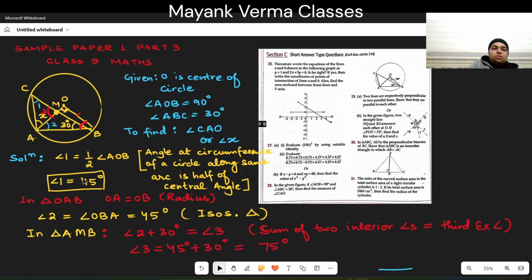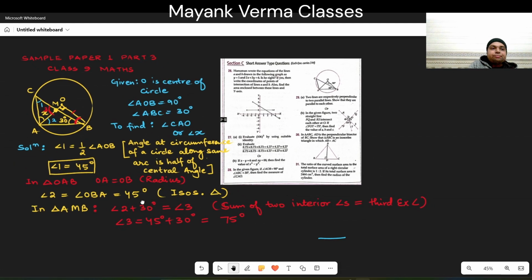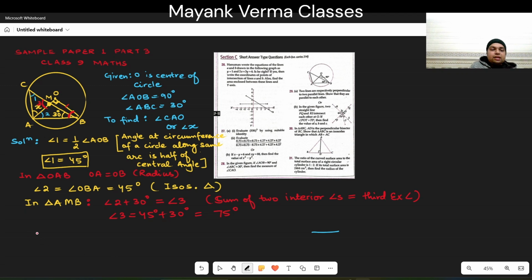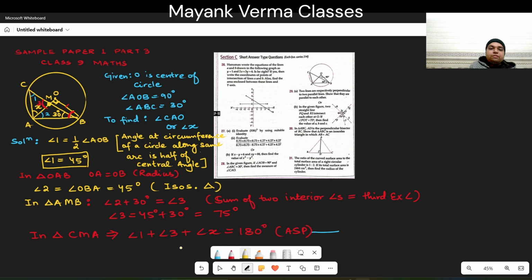Okay, now next, what can we say? In triangle CMA, I know that angle 1 plus angle 3 plus angle x will be 180 degrees, and the reason behind it is the angle sum property. So we will follow that. Angle 1 we just found from here, that is 45 degrees.